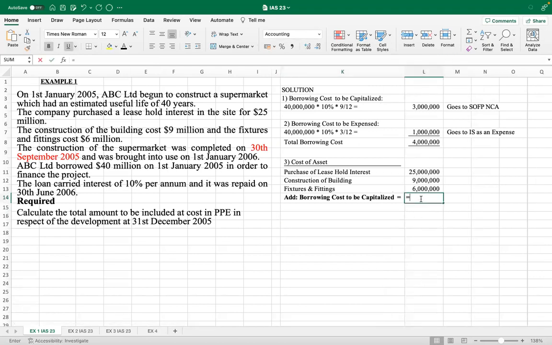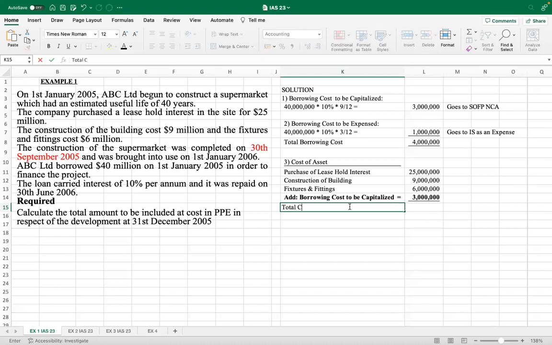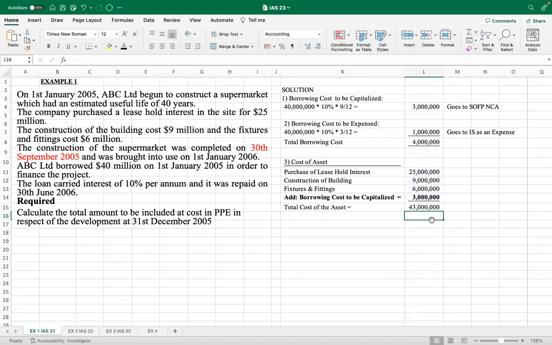So you remember to include the amount of borrowing cost to be capitalized, which is 3 million. So what is the total cost of the asset? Total cost of the asset is equal to, you add up everything there. The total cost of the asset is 43 million.